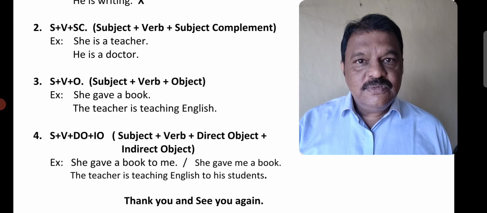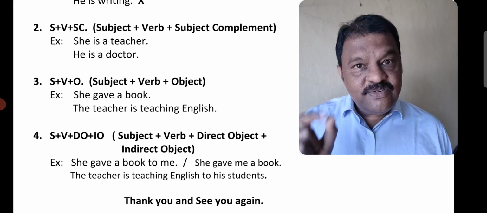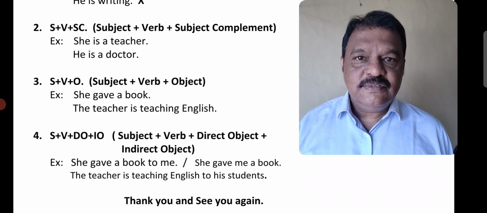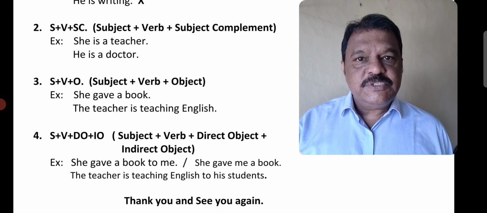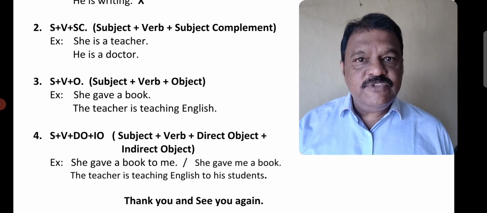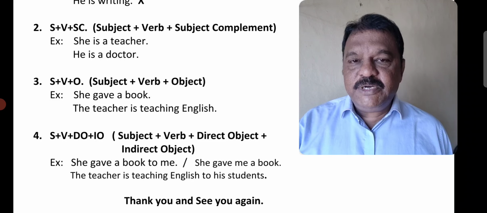I told you, try to always use intransitive verbs according to pattern number 1. Don't use transitive verbs in pattern number 1 because with transitive verbs, you need to put an object after the verb.